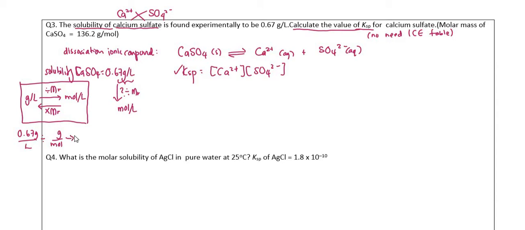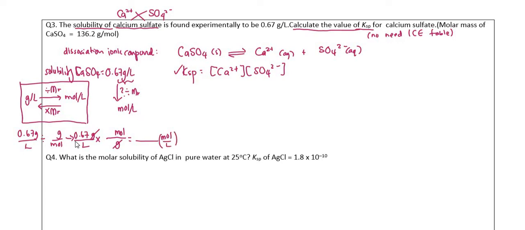So it becomes 0.67 gram per liter multiplied by mole per gram. So you cancel out the unit and then you'll get the value in unit mole per liter.